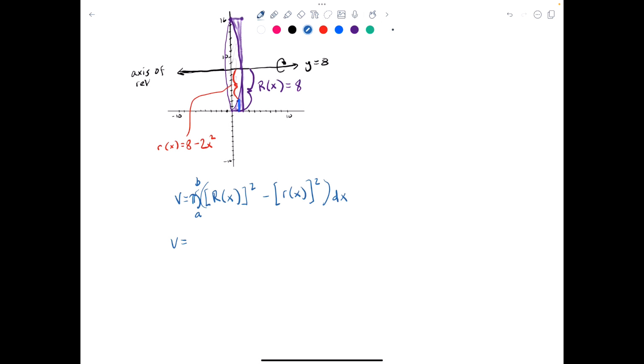So our volume will be pi times the integral, x going from 0 to 2. And then we have r at x, the outer radius, was 8.